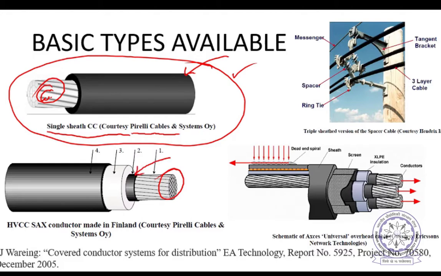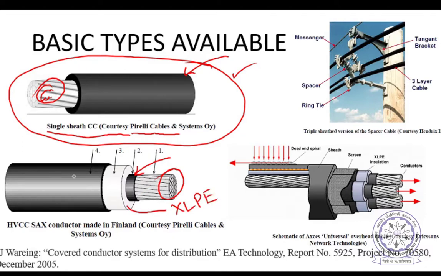This is a conducting layer, of course, but it is made of plastic XLPE only, polymer insulation. In order to smoothen the surface of the conductor, this additional XLPE layer with conducting layer is used, this black one. And above that, this white insulating layer is XLPE insulation, just like cables.